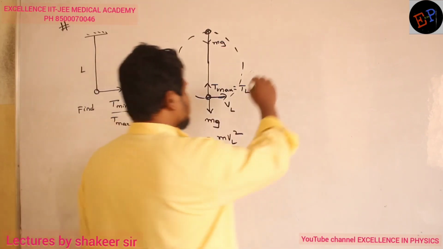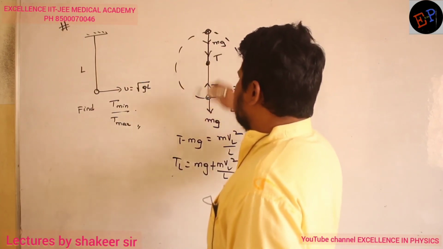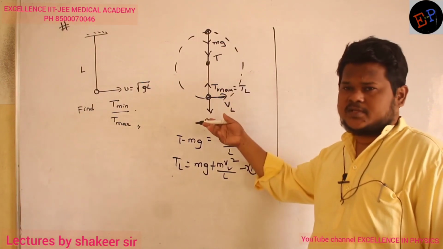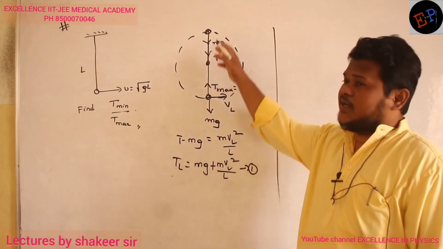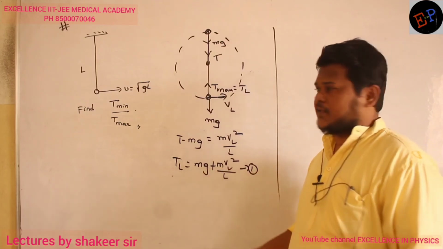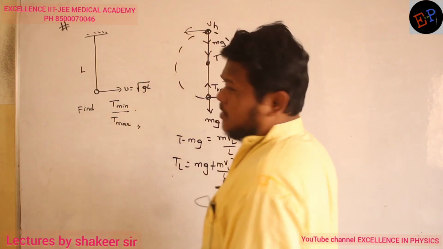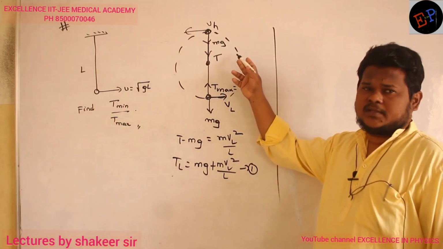Now if you see the highest position, this is the center, tension is acting in this direction and mg is also acting in the same direction. Tension is always towards the center of the circle, weight is always towards the center of the earth. So here weight is also acting towards the center of the circle. Here let the velocity at the highest point be Vh. So who is providing centripetal force here?